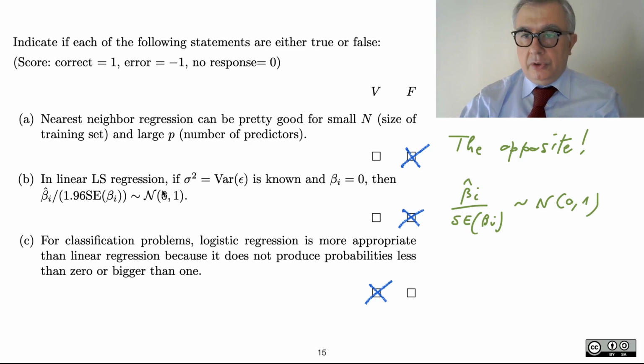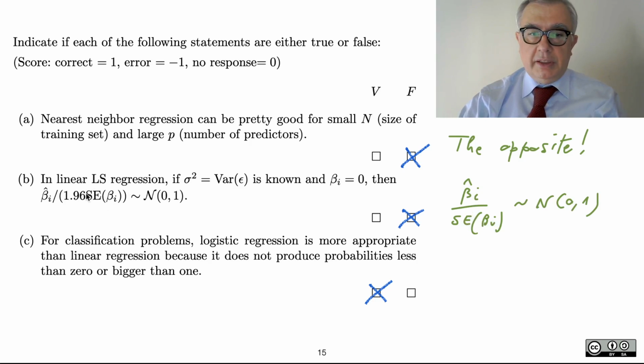But anyway, there is also another mistake, because under all these assumptions, that is that the true model is linear and that the errors are normally distributed, in this case, if you standardize beta hat, you have to take beta hat minus its expectation, that is 0, over its standard deviation, which in this case is just the standard error of beta i, and this would be a normalized Gaussian variable.